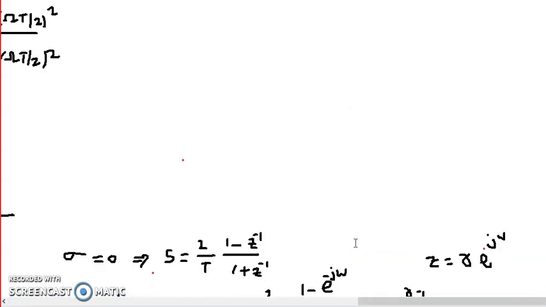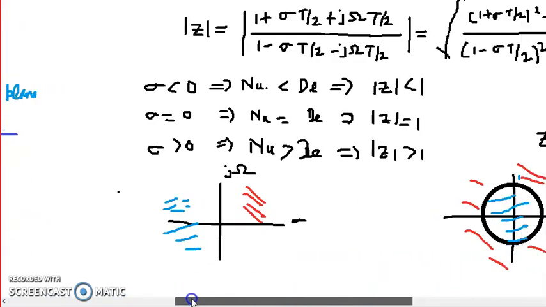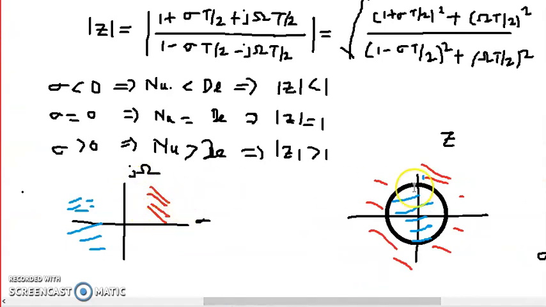So basically this is the omega domain, and this is the S domain, this is the Z domain. So when omega is positive, it means this upper line, it is basically the upper half of the 0 to pi, 0 to pi.